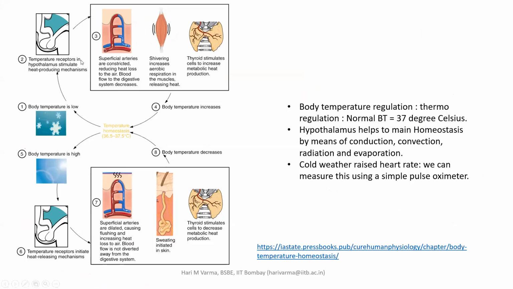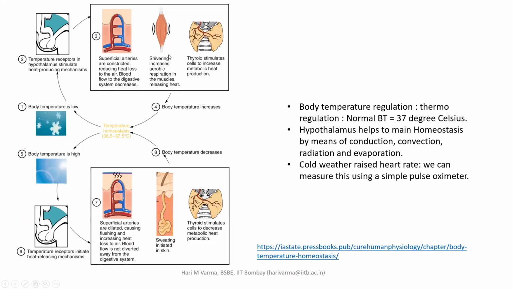Okay, so this is exactly what is being shown here. This is just another example where when the body temperature is very low, hypothalamus is the sensor, it senses it. Then the blood vessels will make sure that the temperature is not radiated out, so that heat is preserved.